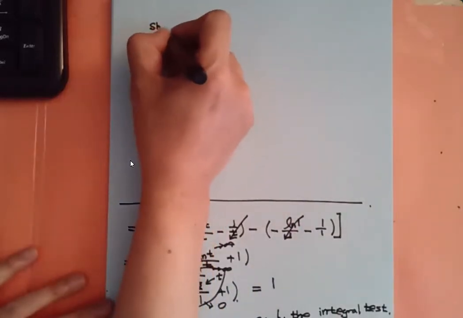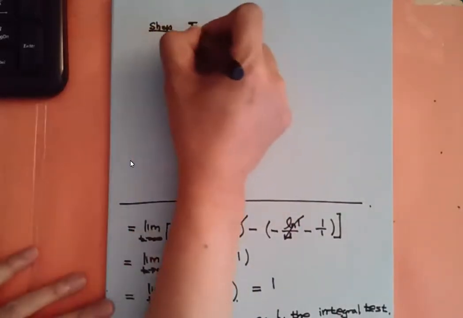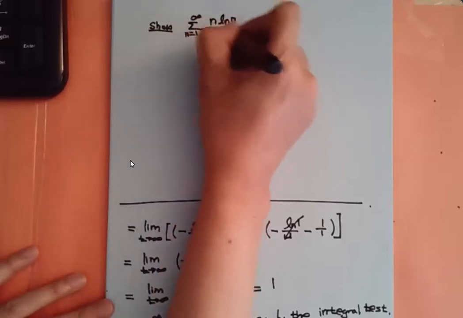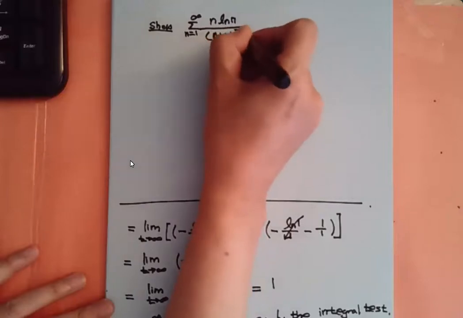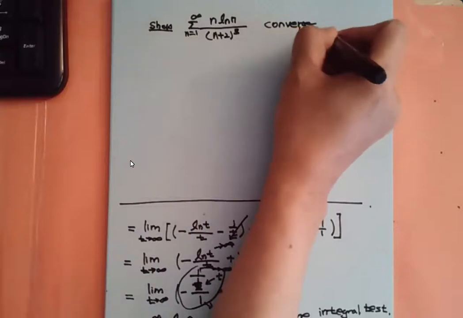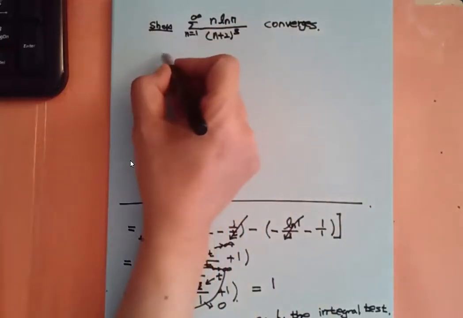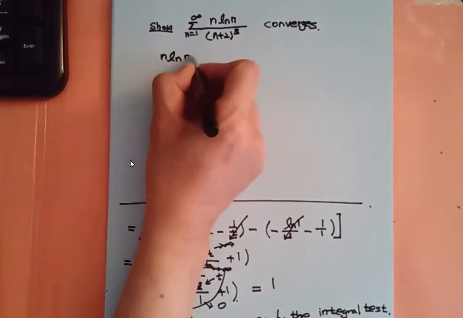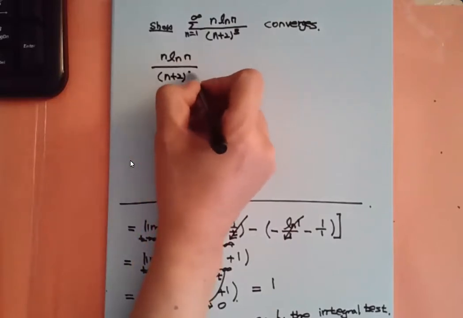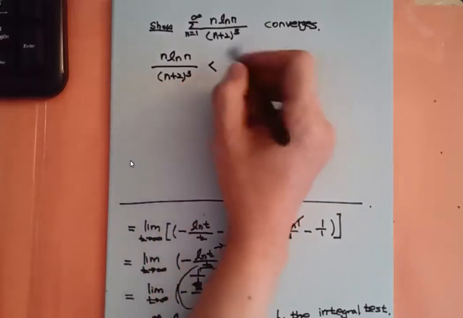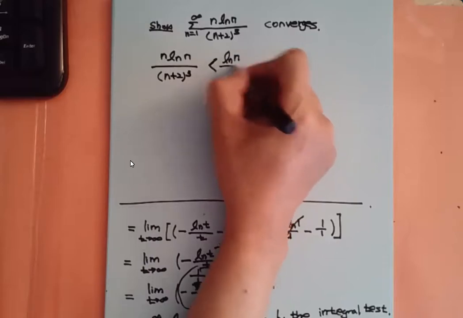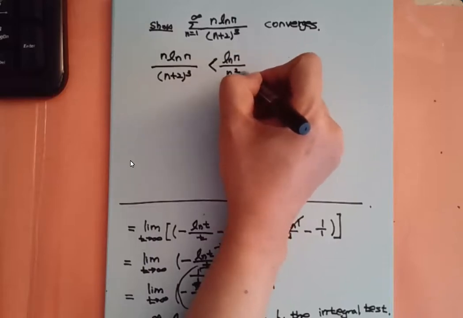The next one is to show the given series, n equals 1 to infinity, n times natural log of n over (n plus 2) cubed, converges. At the starting point, we thought the given terms are approximately similar to natural log of n over n squared.